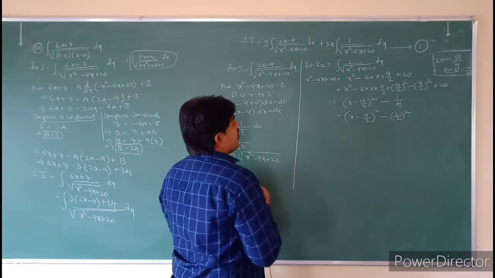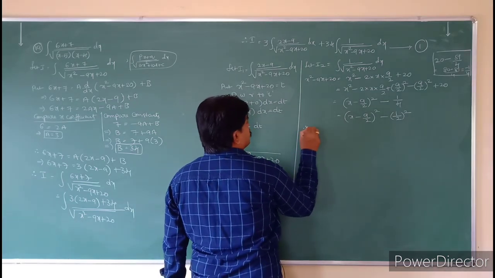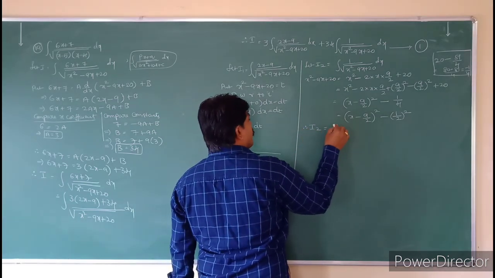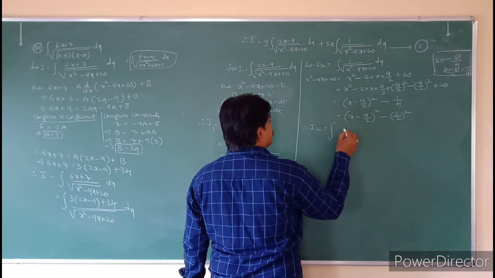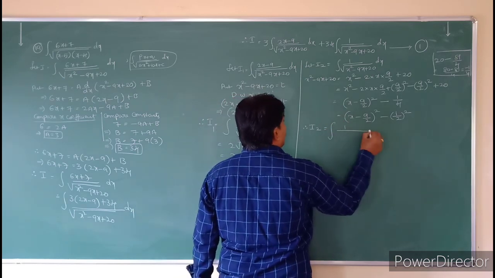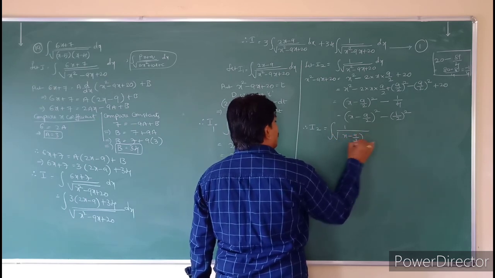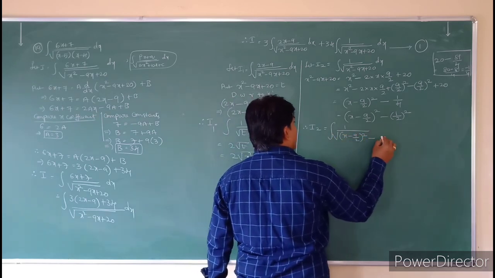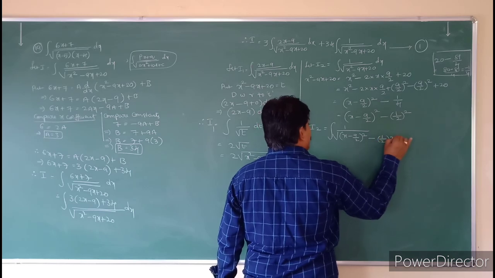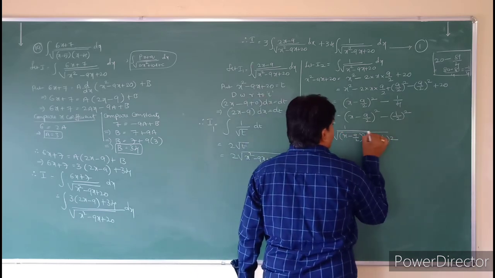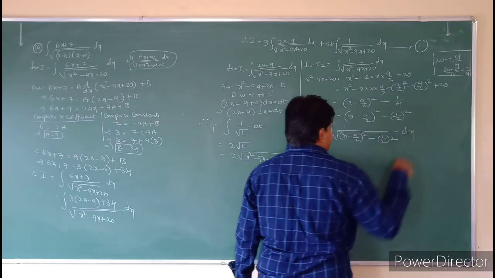Therefore I2 can be written as integral of 1 by root of x minus 9 by 2 whole square minus 1 by 2 whole square into dx.